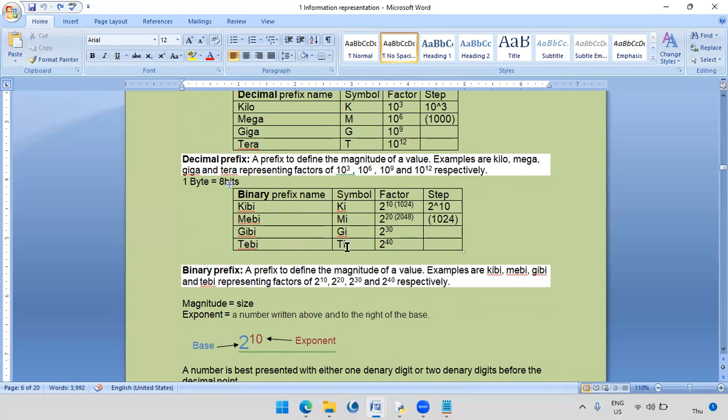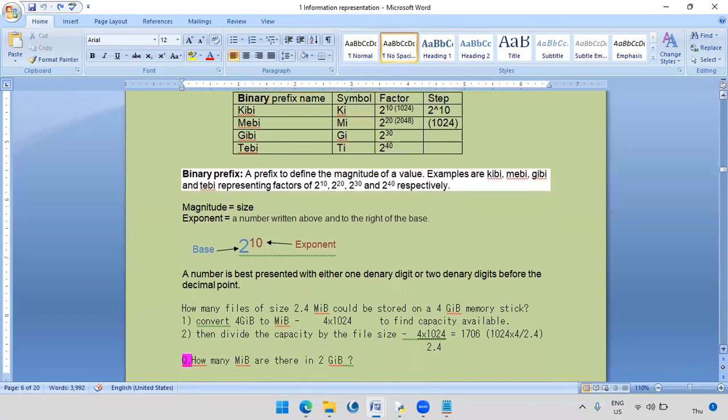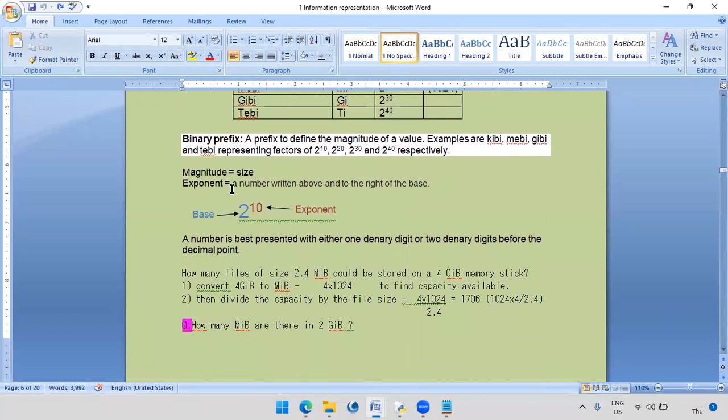But the symbol always has I. Remember that. So the binary prefix is a prefix to define the magnitude of a value. Examples are kibi, mebi, gibi, and tebi, representing factors of 2 to the power 10, 20, 30, and 40 respectively. Magnitude is the size. Exponent is a number written above and to the right of the base. That is this: 10 is the exponent and this is the base, 2 to the power 10.